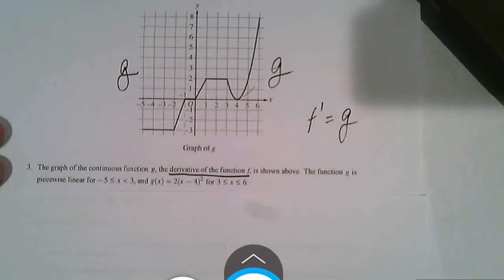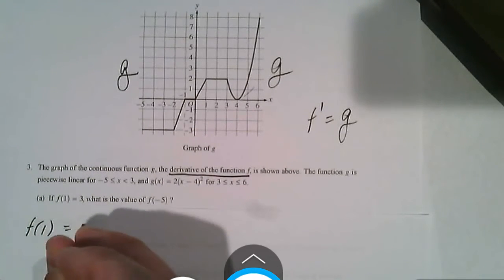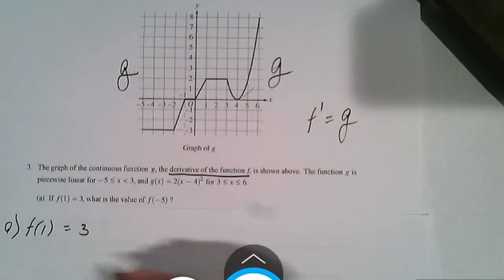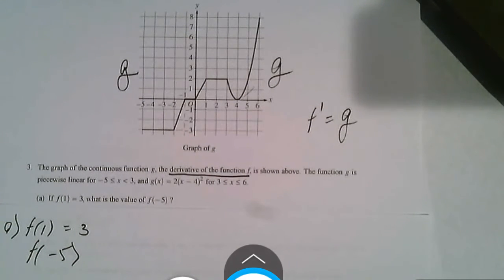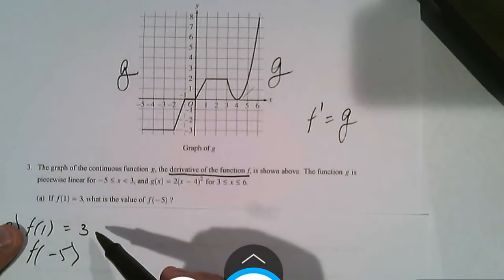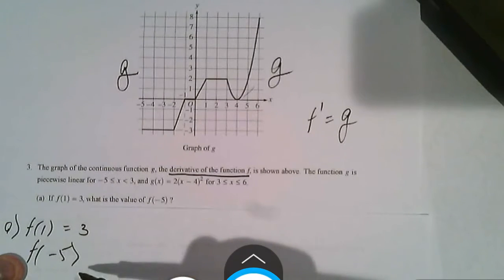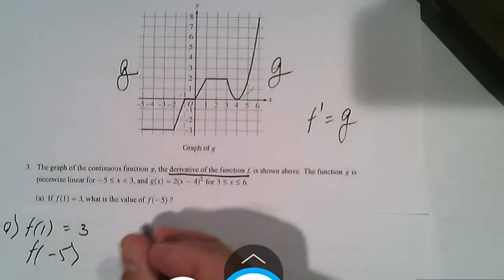In part A, they tell us that f of 1 is equal to 3, and to find f of -5. So f of 1 is 3, and I need to find f of -5. They gave me the value of the function at one point, and they're asking me for the value of the function at another point. This is a classic fundamental theorem of calculus problem.